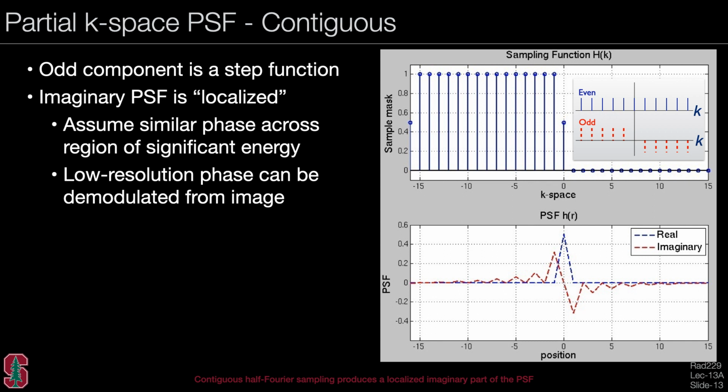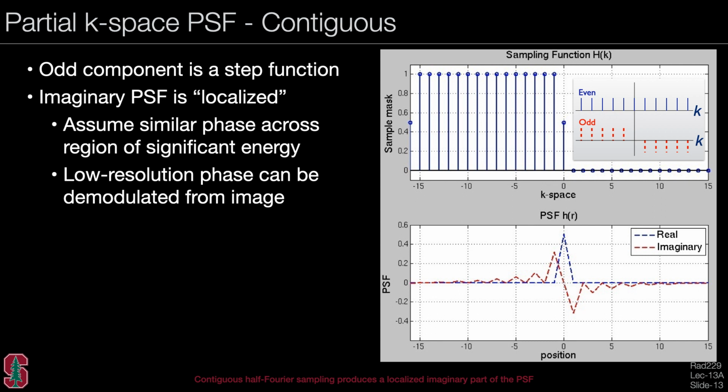Then if we assume similar phase across the region of the point spread function that has significant energy, and this phase is in the magnetization, then we can apply a low resolution phase to demodulate this phase from the image, and this actually works quite well to reconstruct.